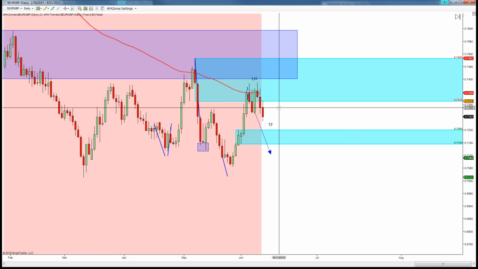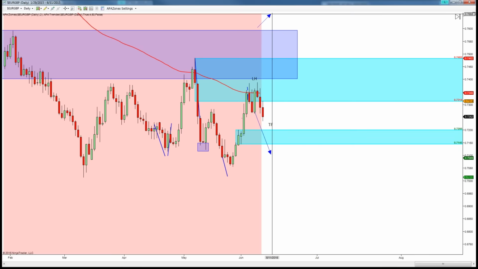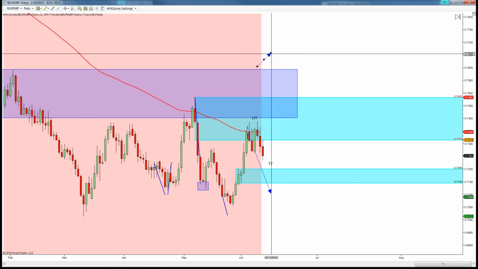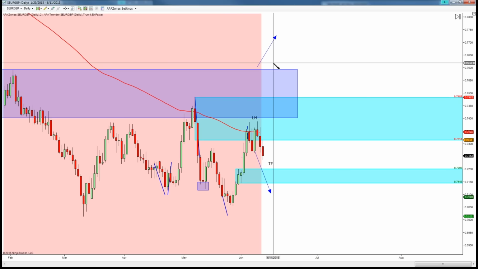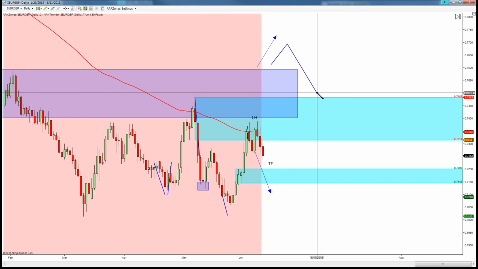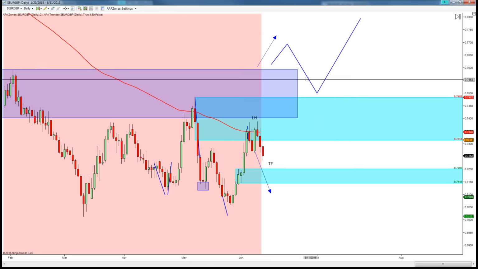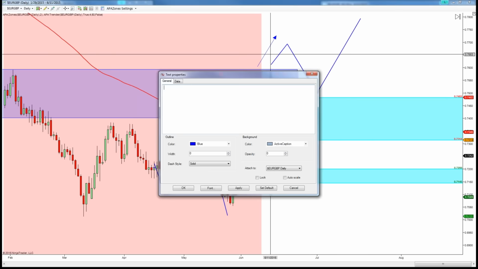Counter trend, it's kind of an interesting idea, but I would really want to see this weekly level get taken out before I look to go long. And then I'd want to wait for this thing to retest in here and then take it. So we're going to say that CT is up there. Okay.